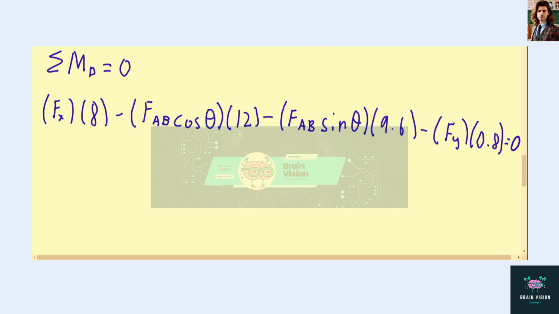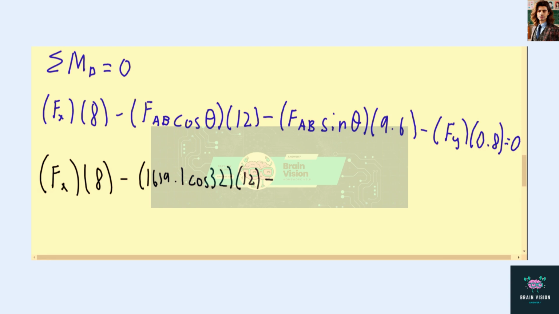We can rewrite this equation as F of x times 8 minus 19.1 times the cosine of 32 times 12 minus 19.1 times the sine of 32 times 9.6 plus 858 times 0.8 is equal to 0.